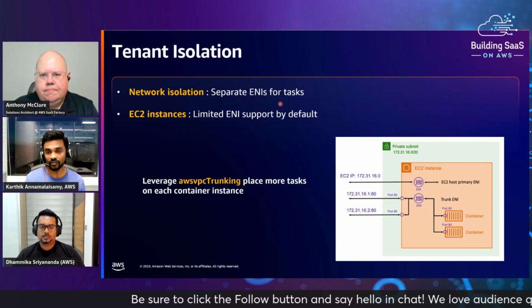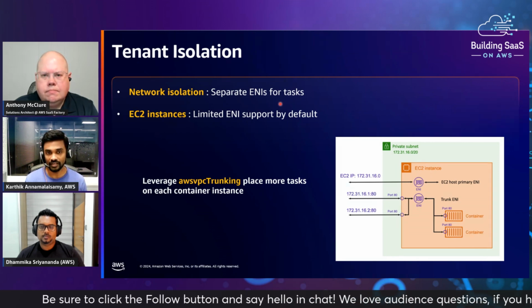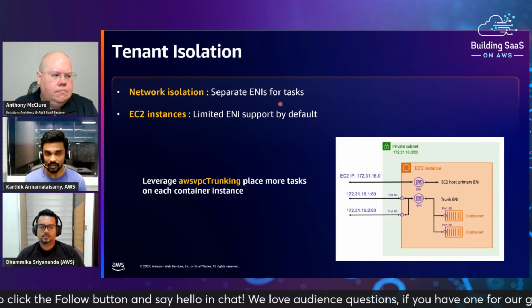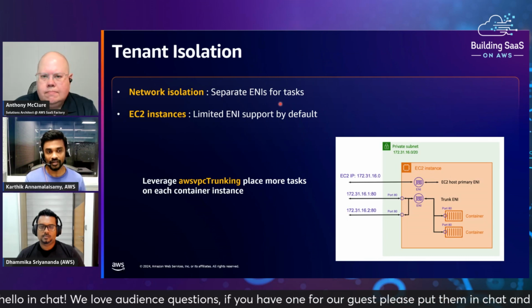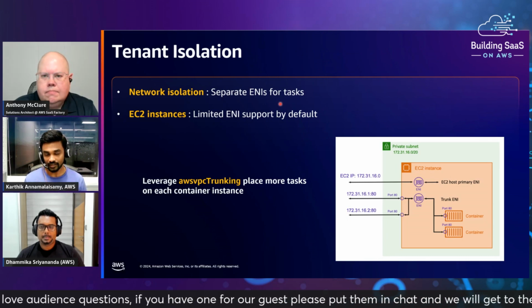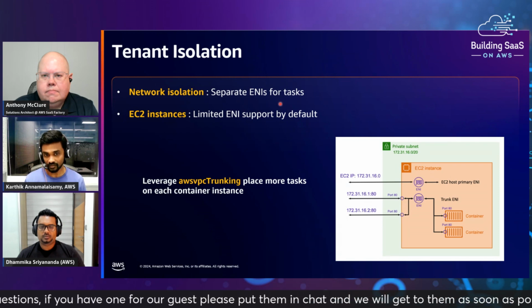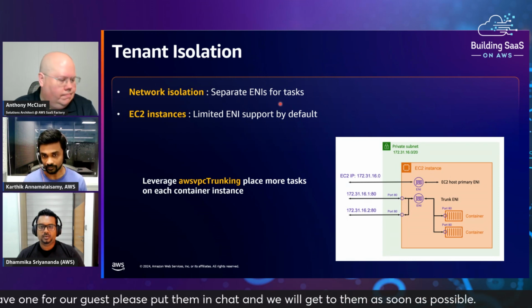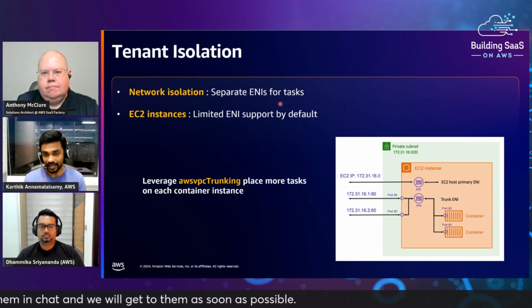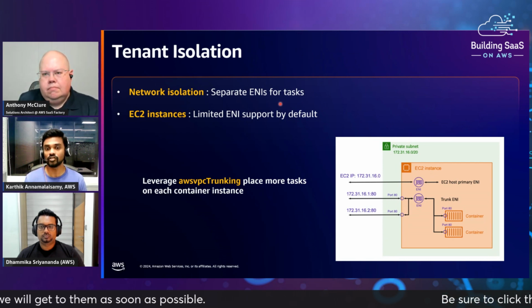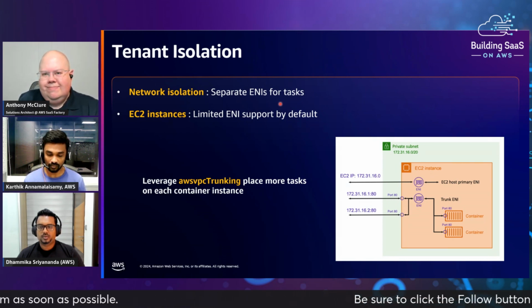For example, depending on the instance size, let's say an M5 large, by default it supports two ENIs. But when you enable the AWS VPC trunking feature at the account level, it supports up to 10 ENIs, which means that it can run 10 tasks. So this is one of the key features which we recommend to be enabled at the account level for any SaaS solution which is getting deployed in an ECS-based deployment.